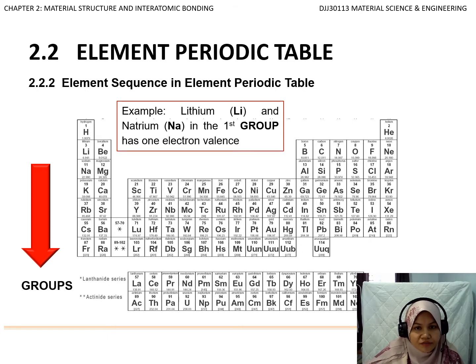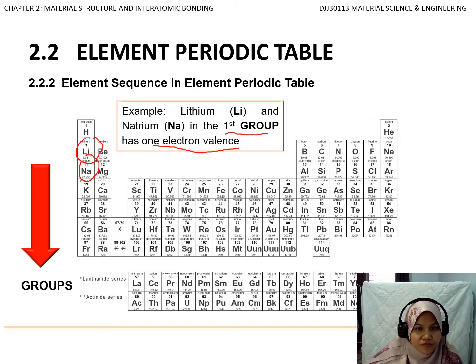Kita tengok, contohnya lithium and natrium in the first group has one electron valence. So, kita tengok mana lithium, mana natrium. Okay, kat sini. Lithium, natrium. Lithium, dia punya number of atom is 3, while natrium or sodium is 11. So kenapa dia kata has one electron valence?